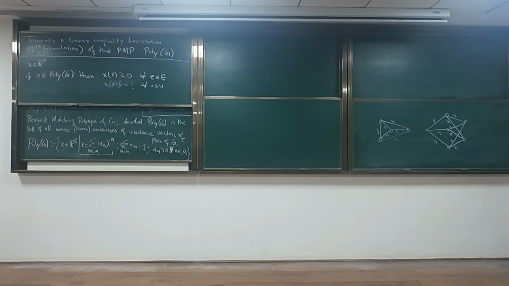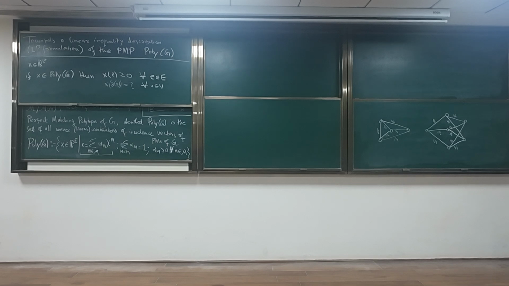So now we are not considering this. Of course, in a perfect matching, it is clear that x of partial of v is equal to 1. But now we are taking the formulation. Supposing your graph has 10 perfect matchings, and we multiply the first one by alpha 1, second one by alpha 2, and so on, and I add up all these.